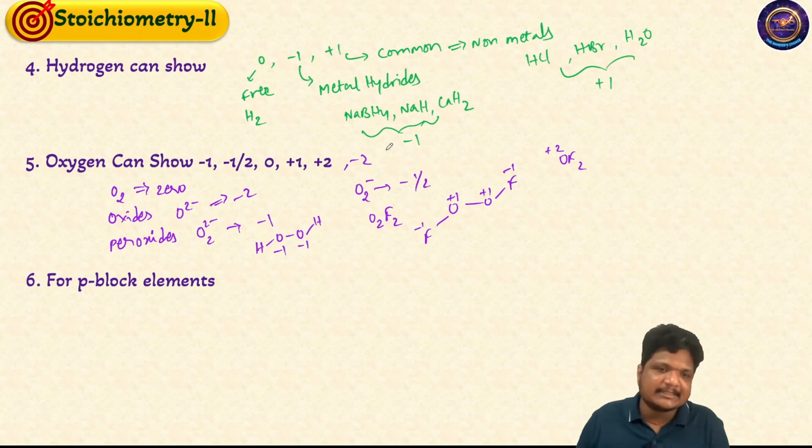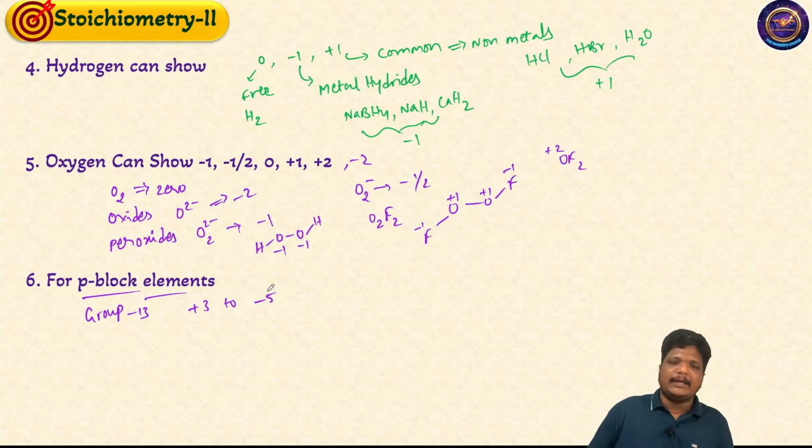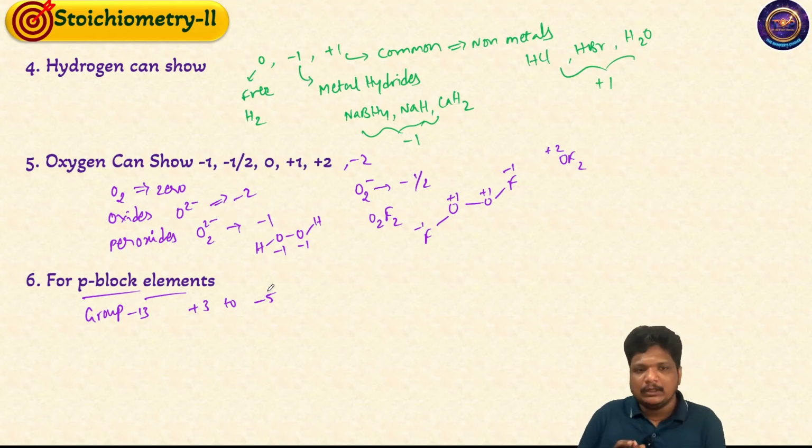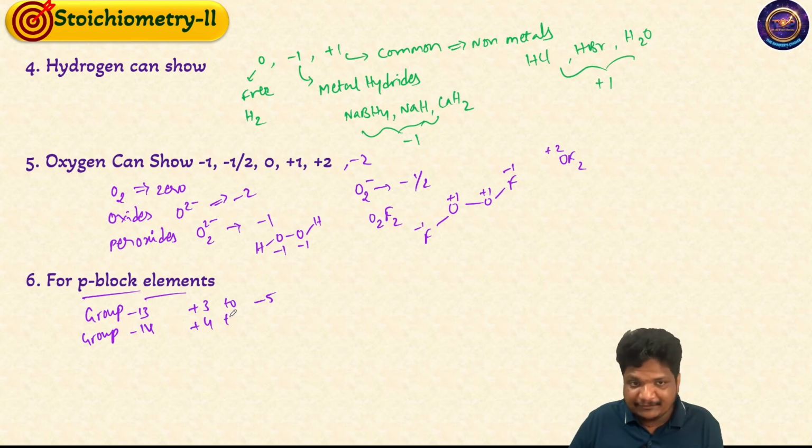Now in the case of p-block elements, group 13 elements show plus 3 to plus 5 as well as minus 5 oxidation state. In group 14, they show plus 4 to minus 4 oxidation state.